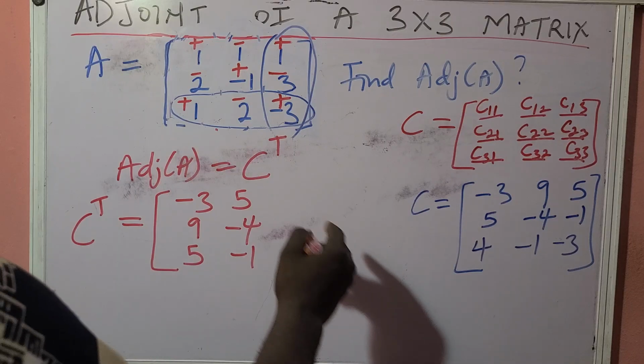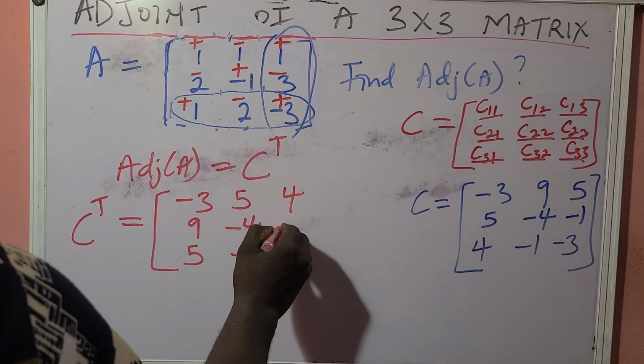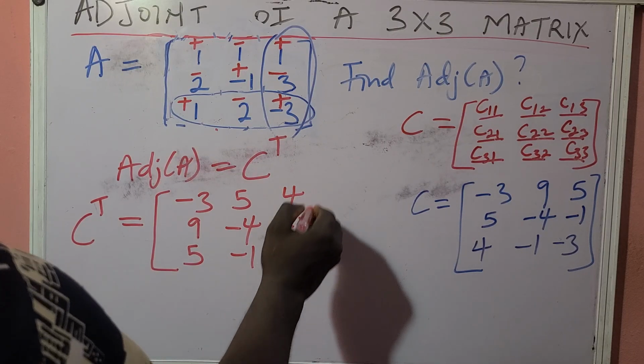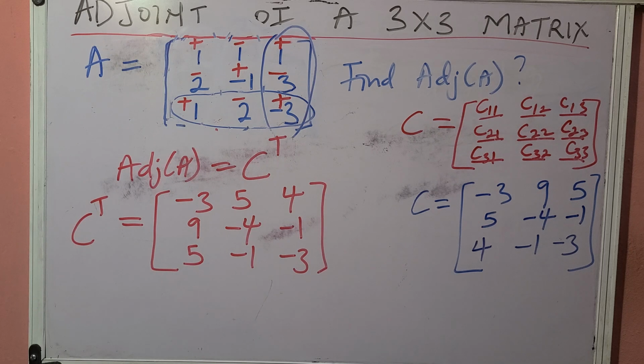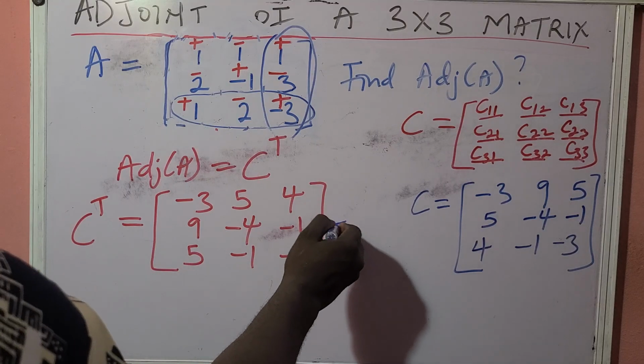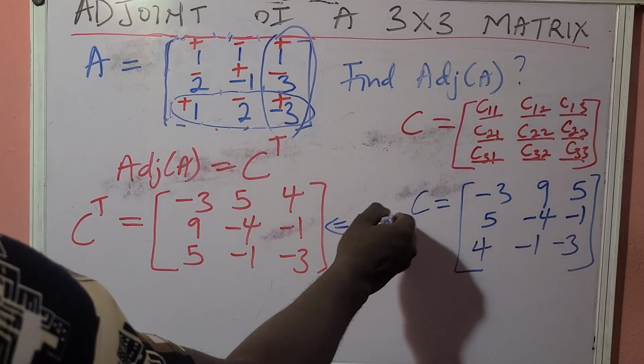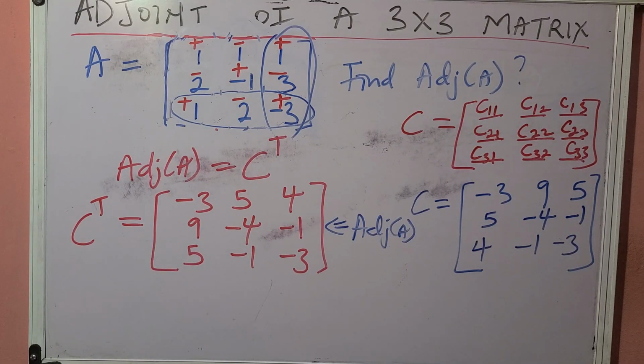And the last row there, which is 4, minus 1, minus 3, becomes column 3. So this way, we have been able to transpose our cofactor matrix, and we can obviously now call this the adjoint of matrix A. So this is the adjoint of matrix A given here. So this is how you find the adjoint of a 3 by 3 matrix.